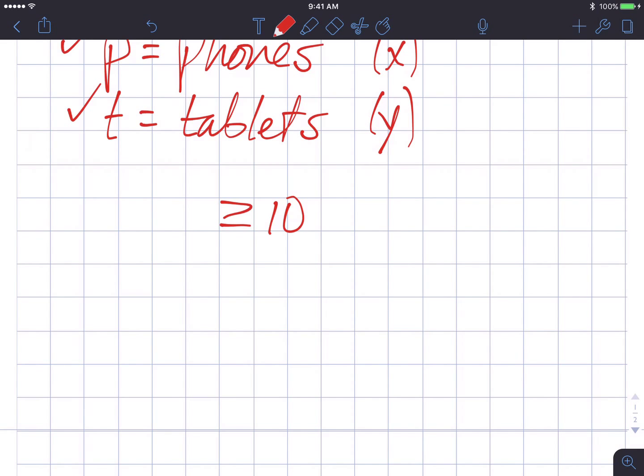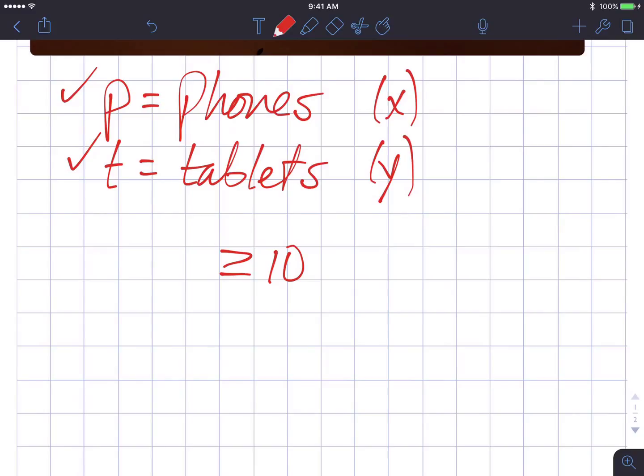Ideally, in a perfect world, he's going to have more than 10. So he wants phone jobs plus tablet jobs. For every phone job he does plus every tablet job he does, he wants that to be greater than or equal to 10. And again, if you like X and Y better, you can put X and Y. It's up to you.